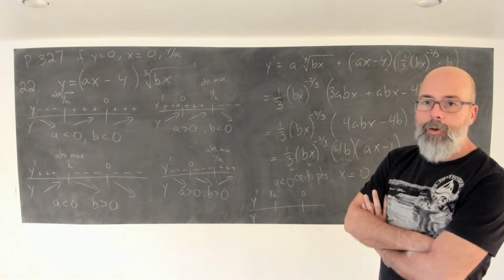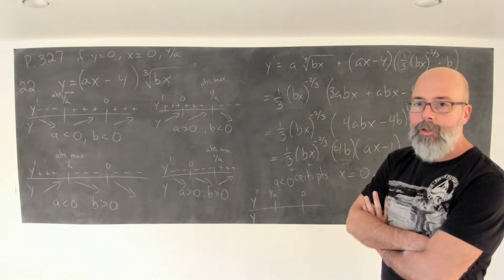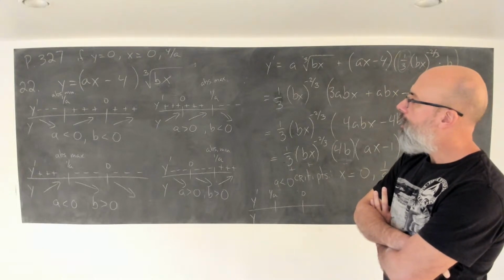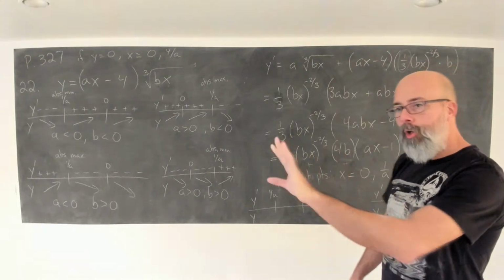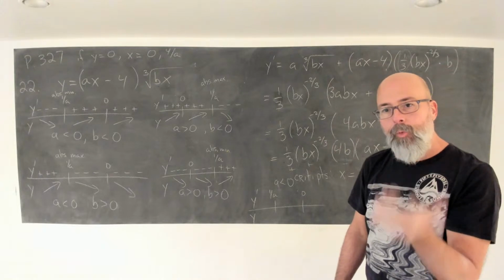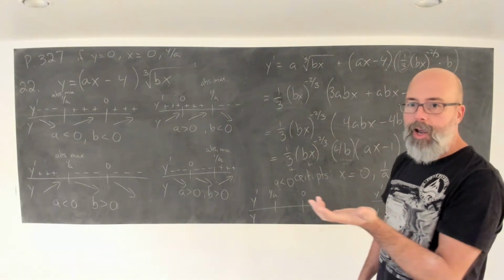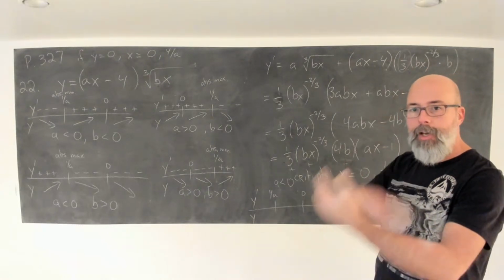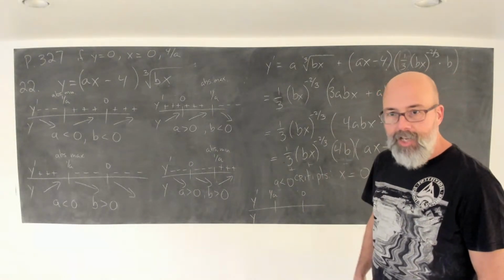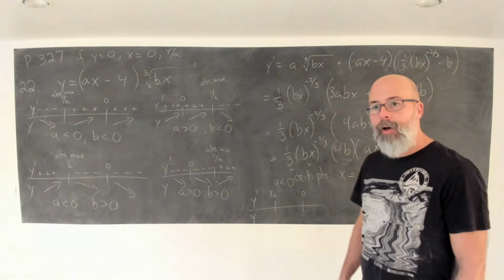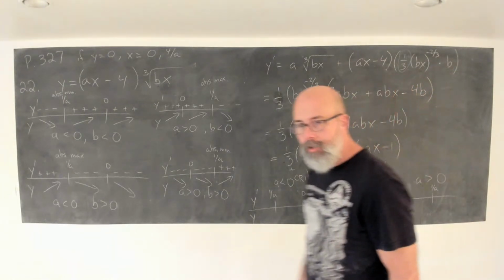How would pulling out a B initially have stopped all of this? Because you could have graphed when B was positive, and then the graph when B is negative would just have been the same graph but flipped about the x-axis.